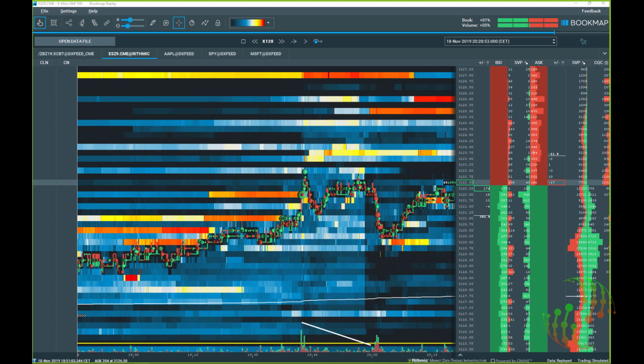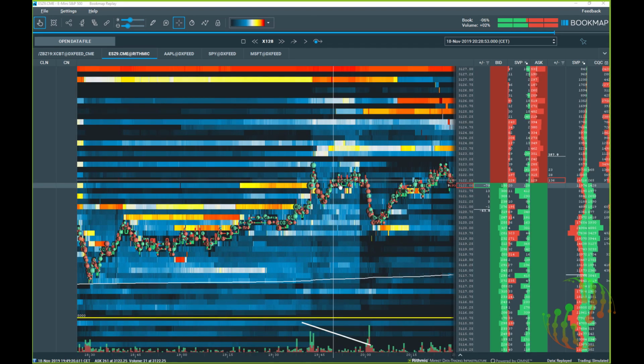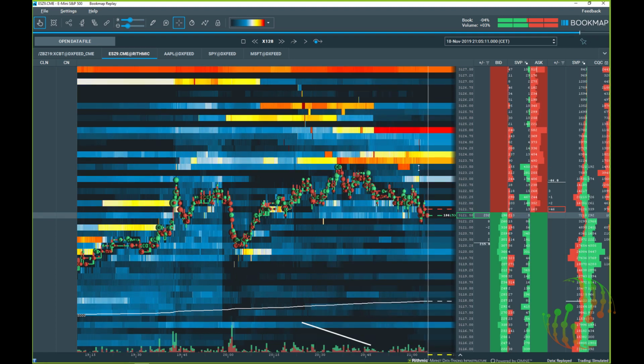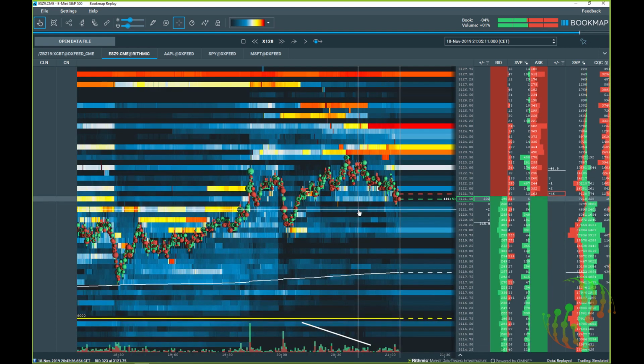You can measure exhaustion by the volume bars, and also you can measure exhaustion with your eyes, seeing that there is nothing around here. And you will be awarded with 2 points, at least 2 points here. Look at the liquidity drop there, just before, at the end of the exhaustion.